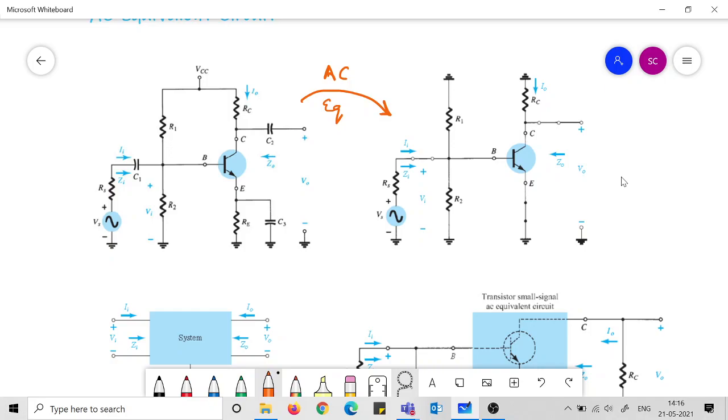It doesn't have anything to do with anyone. Unless you activate that system, it is not able to get energized. Once you activate it with some source, it gets some energy and then it will be able to deliver some work.